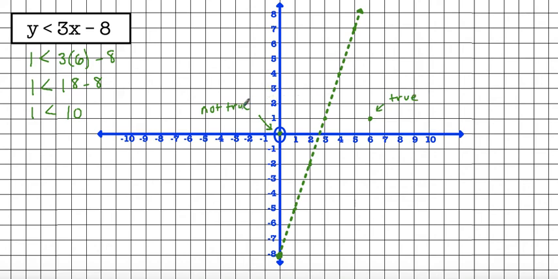And so because 0, 0 is not true and this coordinate is true, we're going to shade to the right side of the line. Any coordinate that I'm shading right now will also give us a true statement.